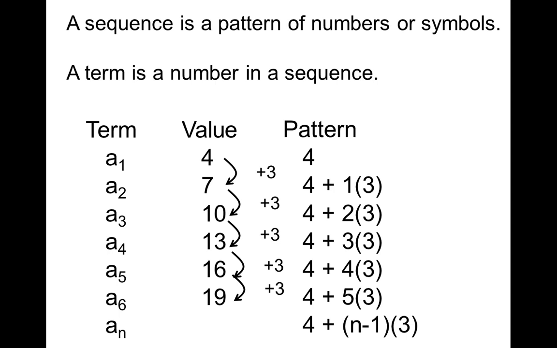So for example, if you look at the sixth number in this sequence, a sub 6, to get there, we started at the 4 and we had to add 5 more 3s. Now that's a specific nth term formula for this particular sequence, 4 plus n minus 1 times 3.